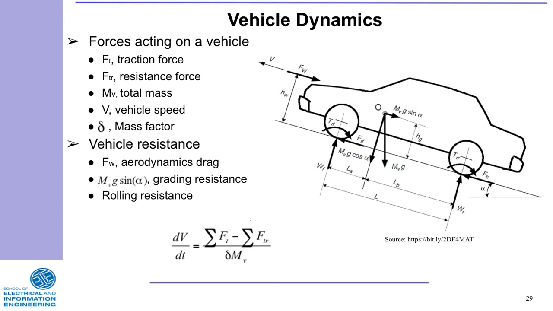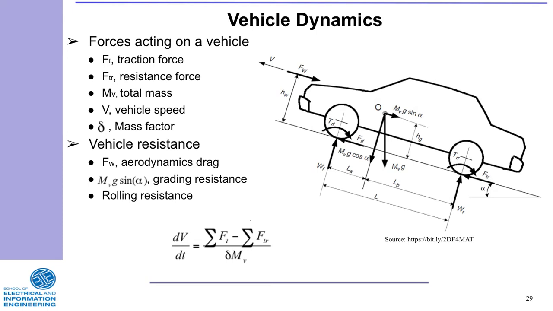Okay, now I've listed them here, that we have the traction force. The traction force is the force that's propelling the vehicle forward. And then we have the resistance force, the total mass, vehicle speed, mass factor, and all those components.